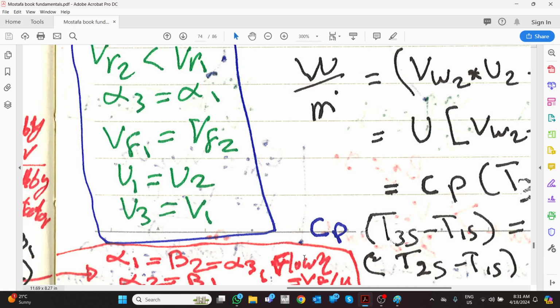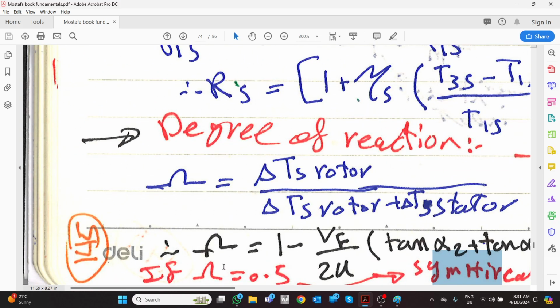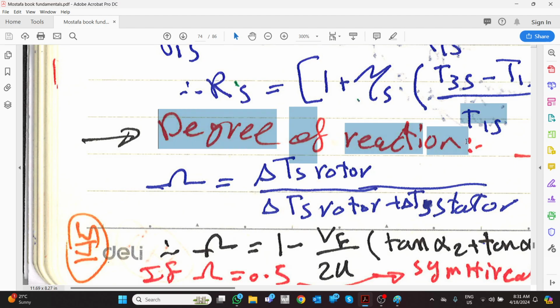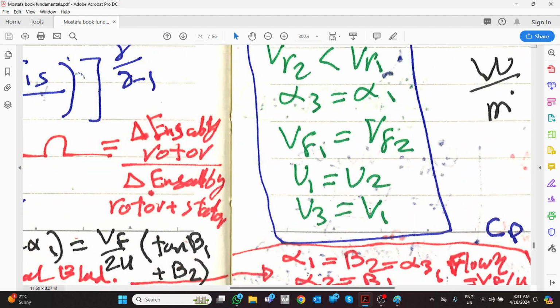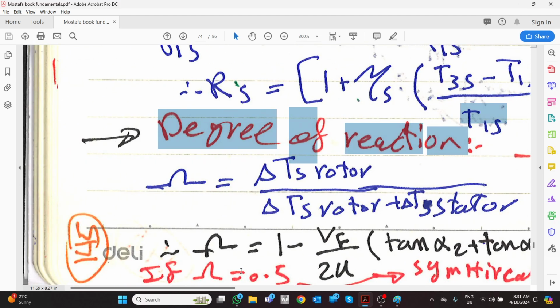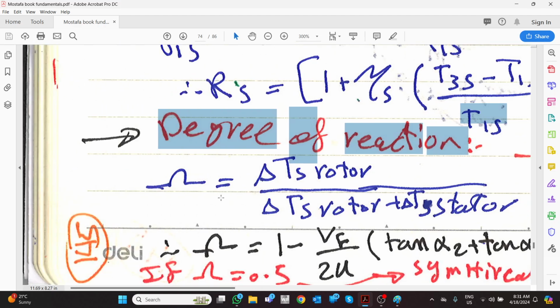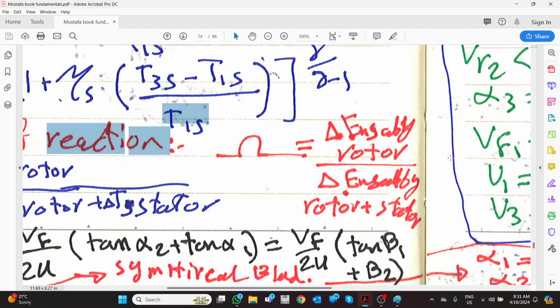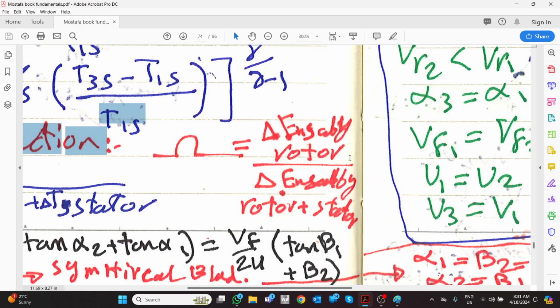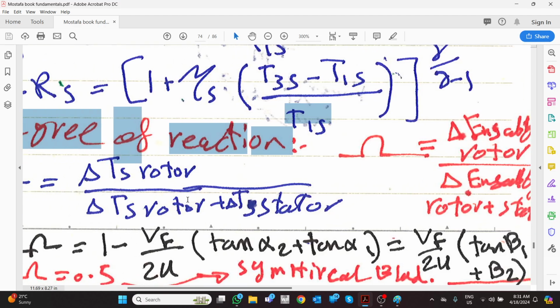When somebody tells you that the degree of reaction of the compressor is 0.5, or you find that alpha 1 equals beta 2 equals beta 3 and alpha 2 equals beta 1, which means it is symmetrical plates, or the degree of reaction equals 0.5, it means whatever you get from the rotor is half of whatever you get from the rotor plus the stator.